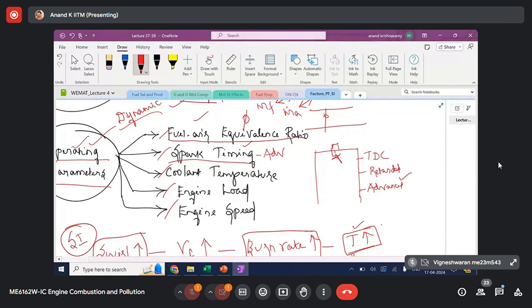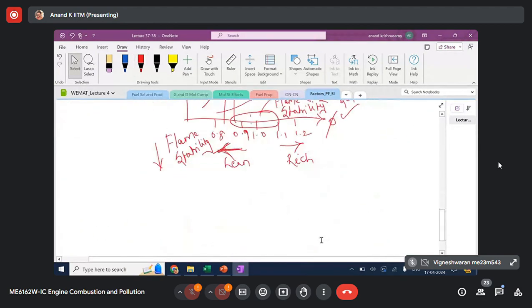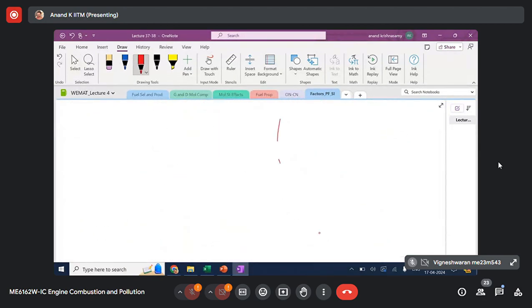When you advance the spark timing, we have already discussed how we can control combustion phasing by changing the spark timing. Considering motoring, if you advance the spark timing, this is advanced and this is retarded, in terms of crank angle. This is theta and this one is the pressure. This is the motoring pressure. Now let us consider the first case, the advanced case.